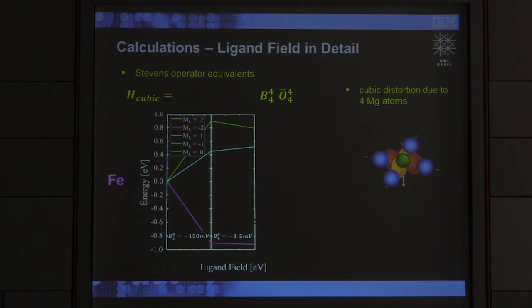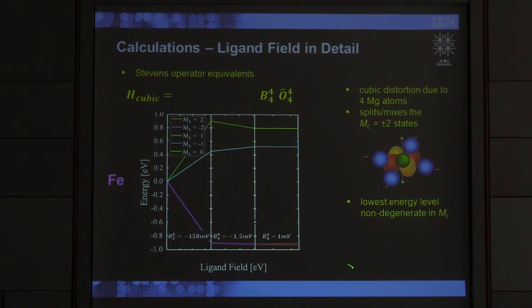Basically, it's the difference between these two that is now included when we use this fourfold term, and that one basically splits the lowest two states. It mixes states with delta ML equals plus minus 4. So the lowest states with ML plus minus 2 are mixed by this kind of term, and we end up with something that's really an equal mixture of the two.